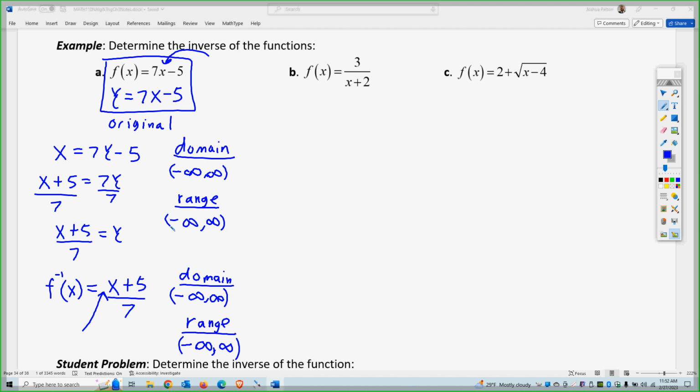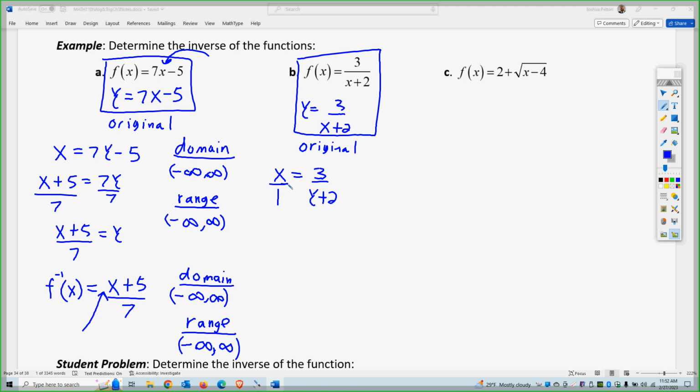So if I rewrite this in equation format, I get y equals 3 over x plus 2. So that's my original function. I'll rewrite it with x equals 3 over y plus 2, because you rewrite it when you switch x and y. I'm going to cross multiply, so I'll put that over 1 so I can cross multiply and get x times y plus 2 equals 3.